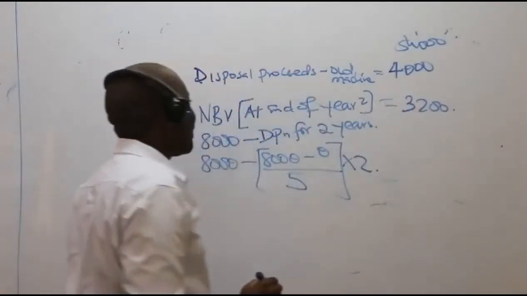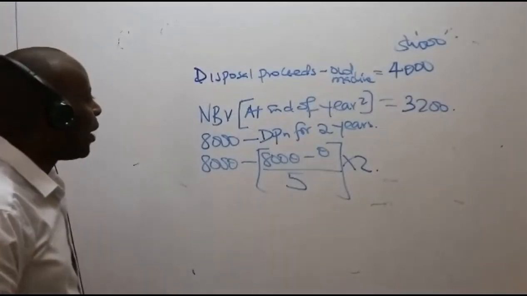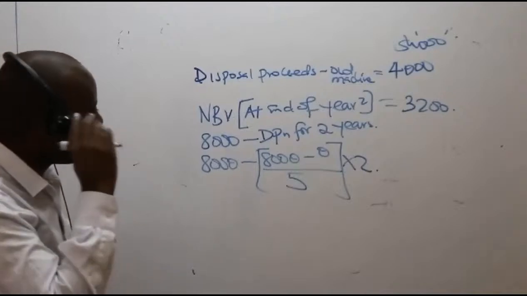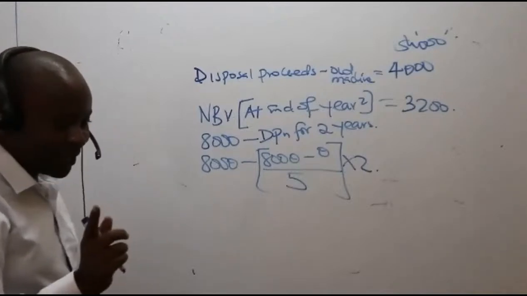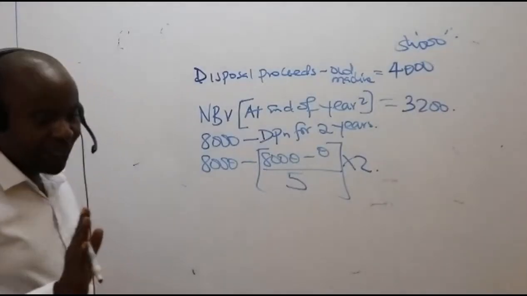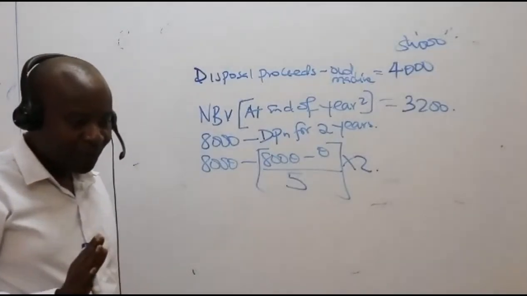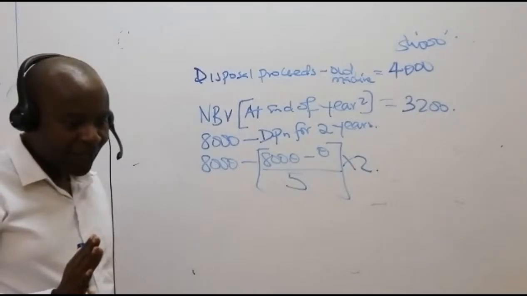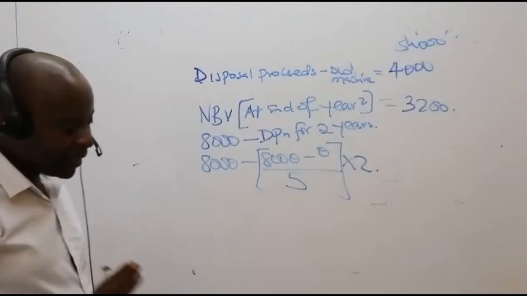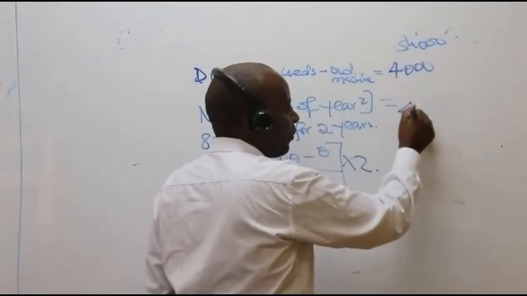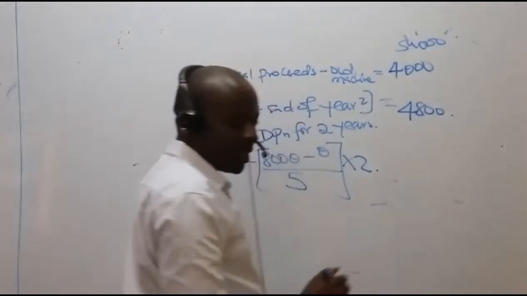3,200. I can see in this case, this time around, they've made a profit, right? No, they're saying no. They're saying it's 4,800. I was wondering, because it's rare for me to get a question where they're making a profit.